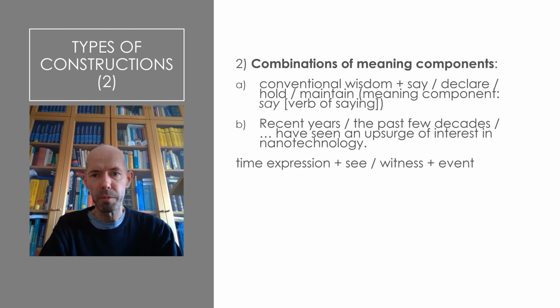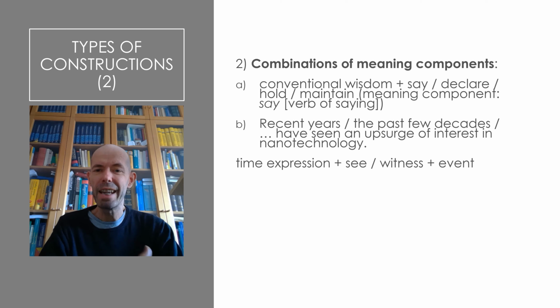Another example is provided by phrases like recent years or the past few decades have seen something. They've seen an upsurge of interest in nanotechnology, for instance. So underlying this is the general combination of meaning components, again, a time expression, recent years, plus a verb like see or witness, plus the event that these times have witnessed. Of course, in German, this kind of construction is again impossible.